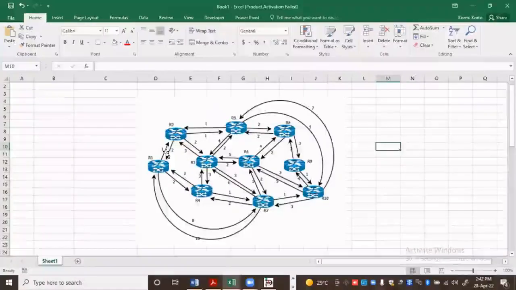I've just put imaginary numbers to illustrate the cost associated with various paths or routes that you might have to move packets from one device to the other. If you go through, you see a whole bunch of numbers. These are just cost metrics. This is me making up cost metrics over here. On a physical device, it depends on a number of factors, which, if you were to go back to your routing slides, will tell you the number of metrics or considerations that are used to determine some of these numbers.